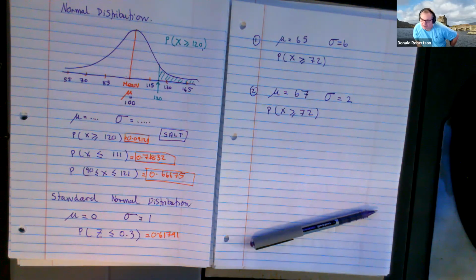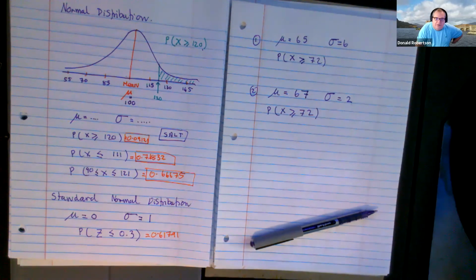And a lot more variation could well mean, as I think it will do in this case, that there's a better chance of getting that 6 foot tall person, right? Even although the average is 65, the variation is so big that there might be more people in that height group, which seems a contradiction, but it's not. So let's put it to the test.